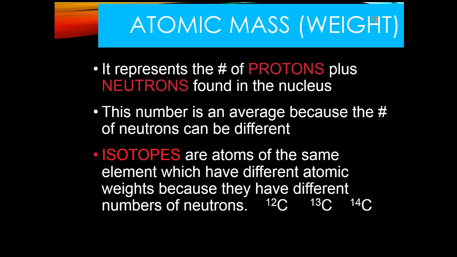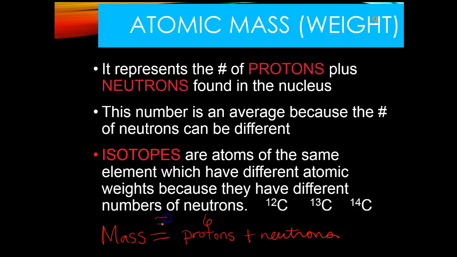So if we look at carbon 12, we know that carbon 12 has 6 neutrons, because we said the mass number was equal to the number of protons plus neutrons. We said that the atomic number represented the number of protons, so we can put in 6 here.